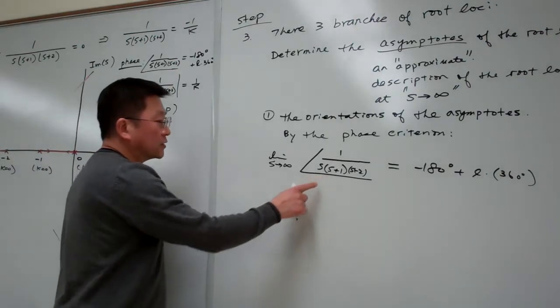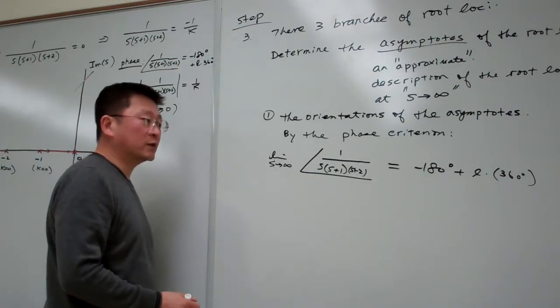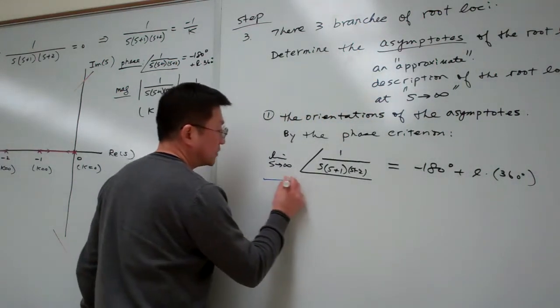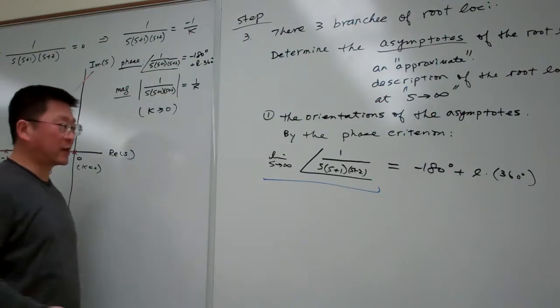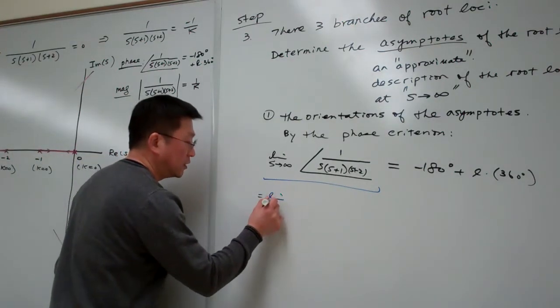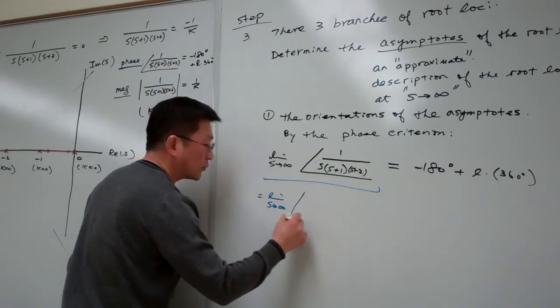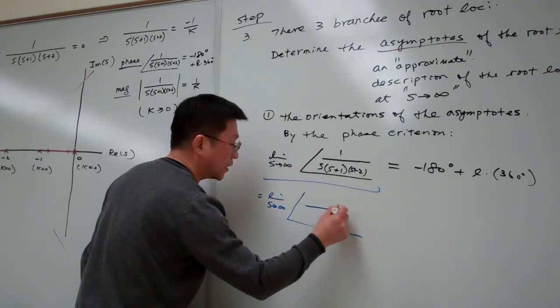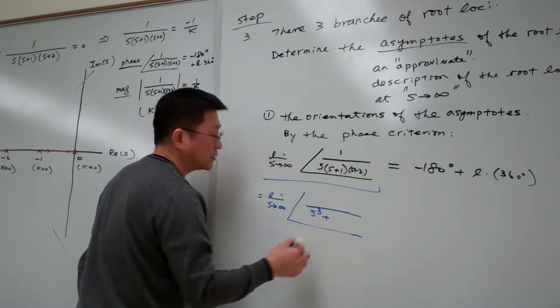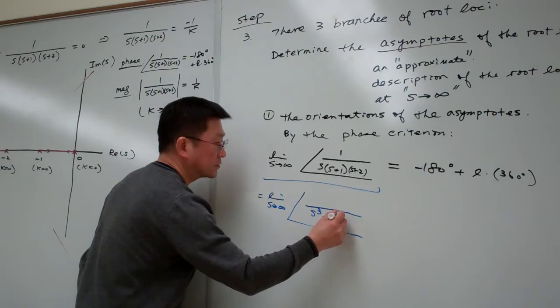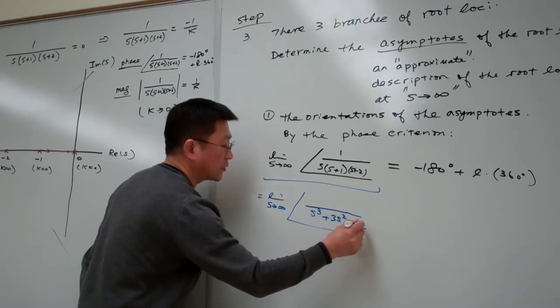For this case, let me do a few derivations here. As scratch calculations, this is the limit as s approaches infinity, and if you expand the numerator, it is s cubed plus 3s squared plus 2s.